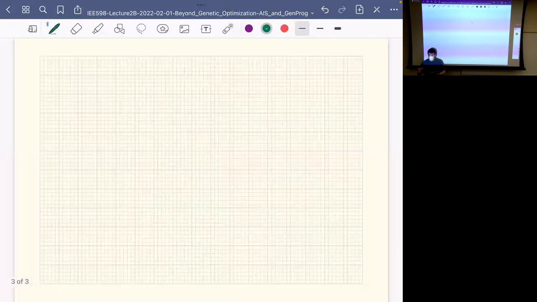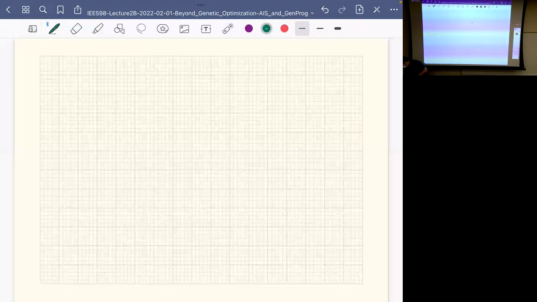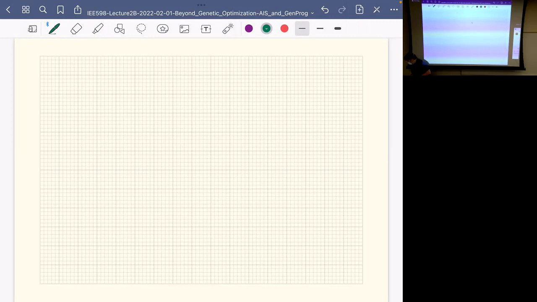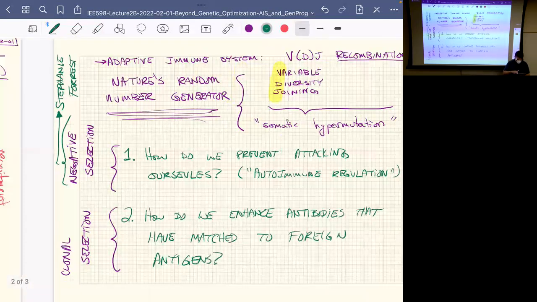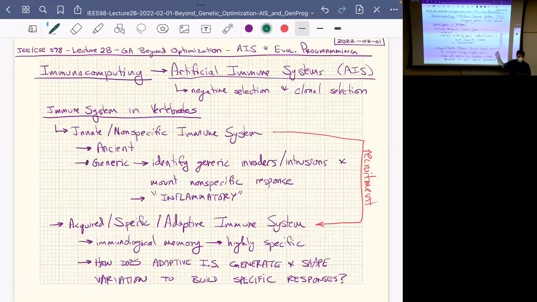All right, so that's the basic overview of at least the biological motivations. Before we go into the specifics of how negative selection and clonal selection work, are there any questions about this basic structure? I'm not going into a great deal of detail. The immune system is an extremely beautiful, elegant, and deep system, and there are a lot of cool things you could talk about.